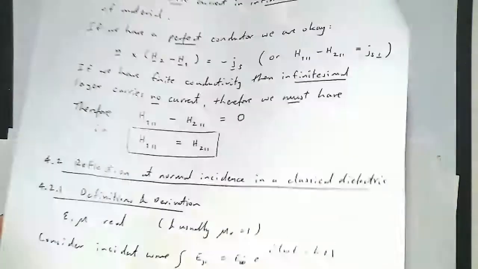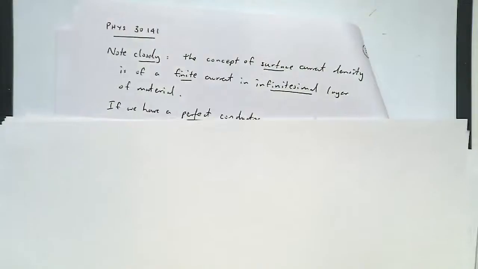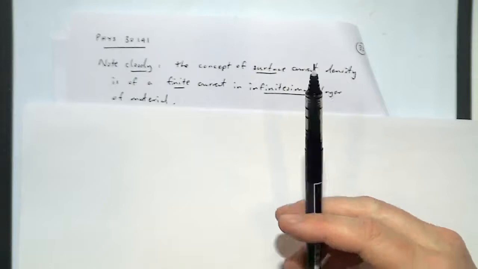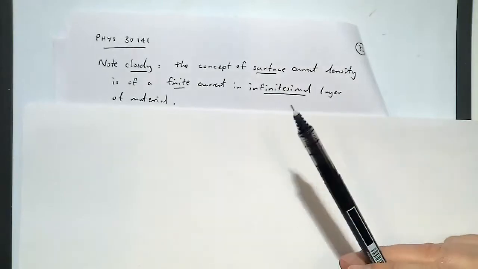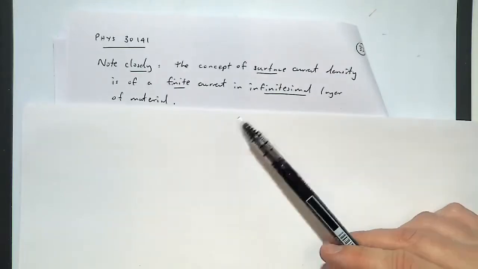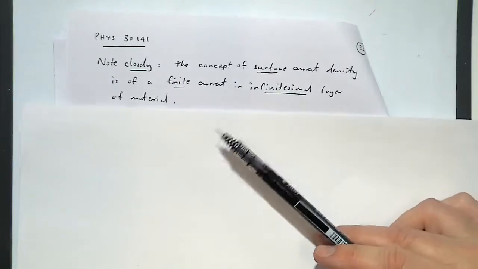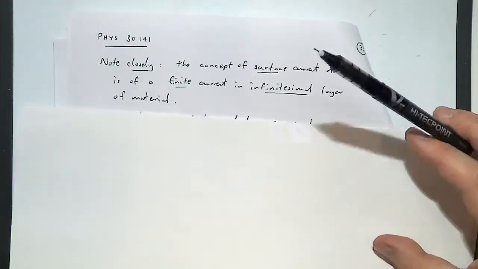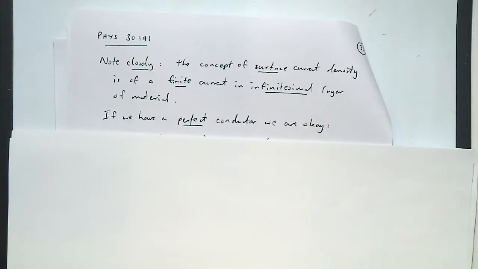Because our whole concept of what a surface current is, it's a finite current that occurs in an infinitesimal layer of material. So if we have a surface current density, that can only really exist if we have a perfect conductor, if the conductivity is infinite.